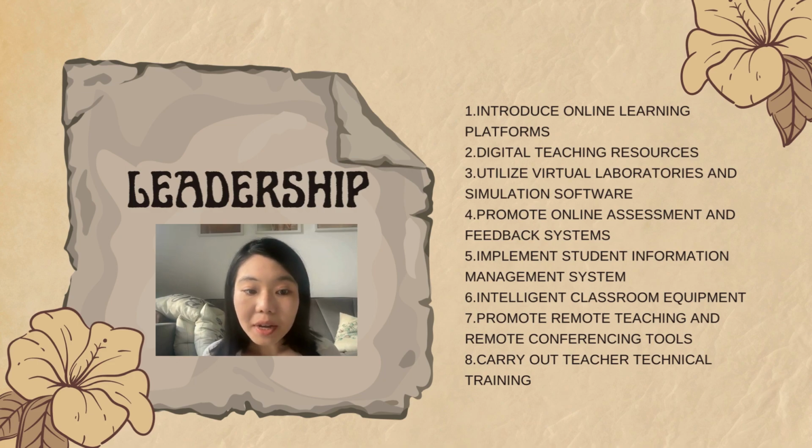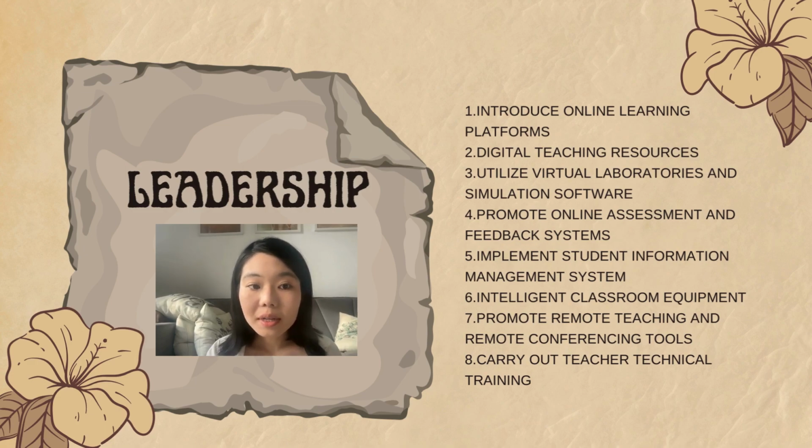The fourth one is promote online assessment and feedback systems. Use online assessment tools such as Google Forms, quizzes, and others, so that teachers can more effectively assess students' learning and provide timely feedback.